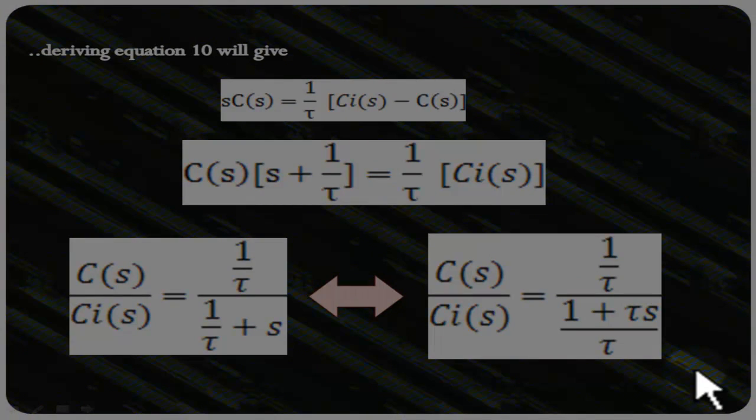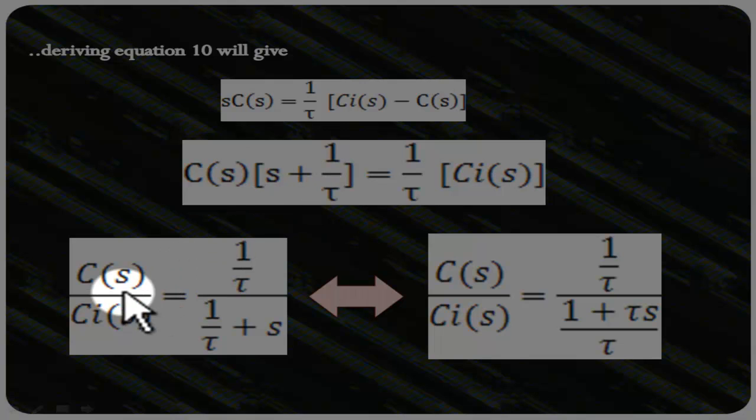To find the transfer function, we are going to take the Laplace transform of equation number 10, which becomes s C of s is equal to 1 over tau times Ci of s minus C of s. Combining like terms gives C of s times the quantity s plus 1 over tau is equal to 1 over tau times Ci of s.